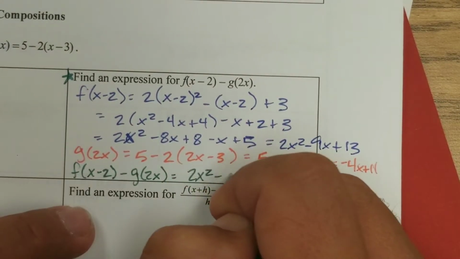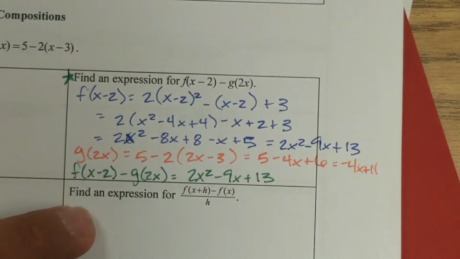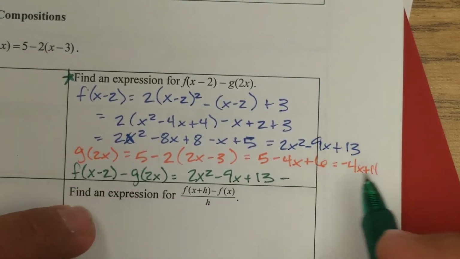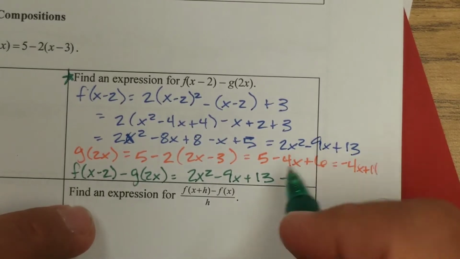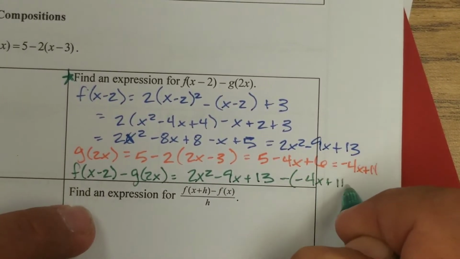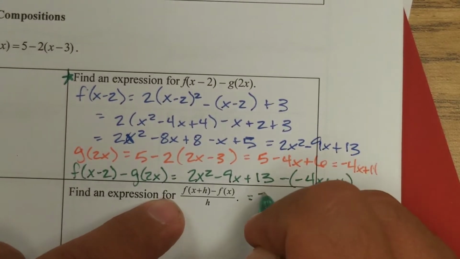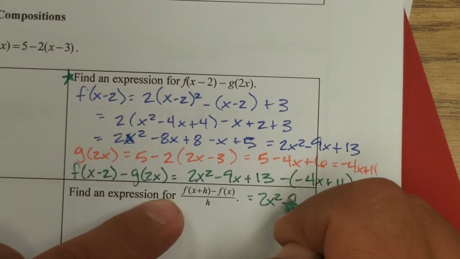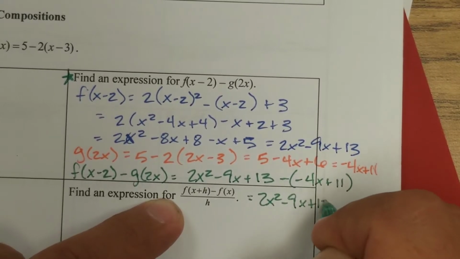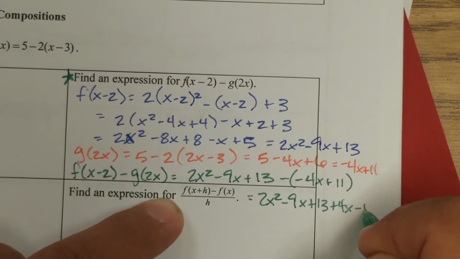2x squared minus 9x plus 13. There's f of x minus 2. And we're going to subtract negative 4x plus 11. So we get 2x squared minus 9x plus 13 plus 4x minus 11.